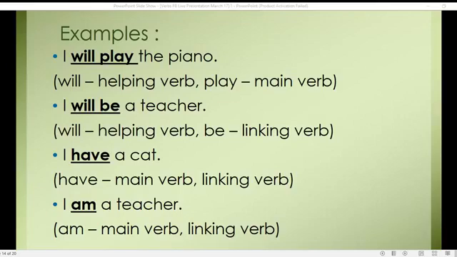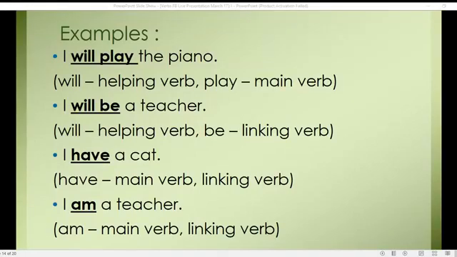So, it depends po kung paano siya gamitin in a sentence. So, we also have, I will be a teacher. Will is the helping verb and be is the linking verb. So, bakit naging linking verb siya although siya ay isang auxiliary verb? It depends on the subject or the structure of the sentence.